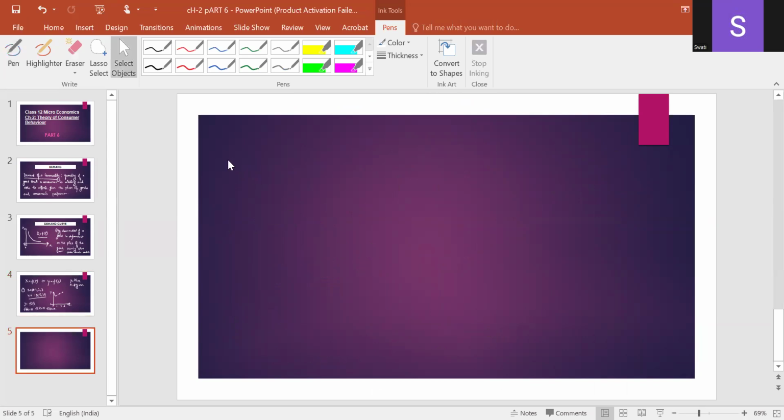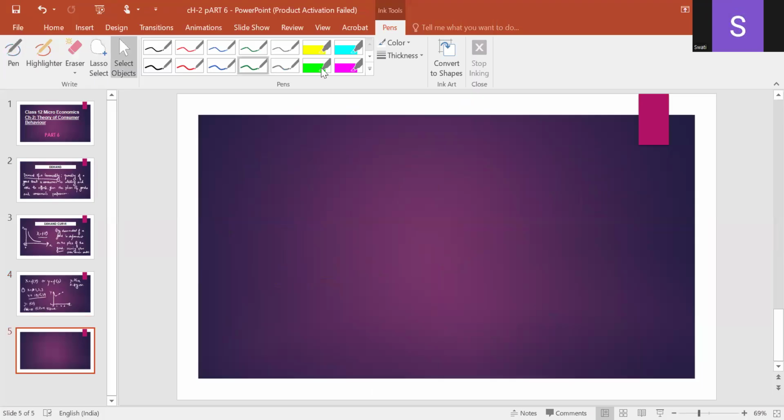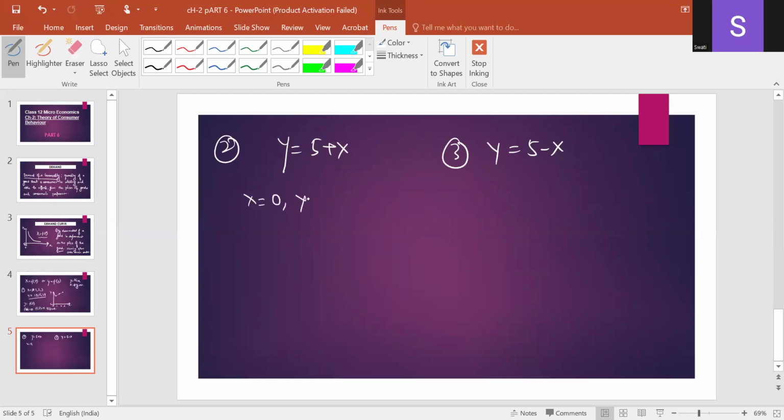Now let's take another example where the function is y is equal to 5 plus x, and there's another example, y is equal to 5 minus x. All right, so if x is 0, then y is 5. If x is 1, then y is 6. If x is 2, then y is 7.